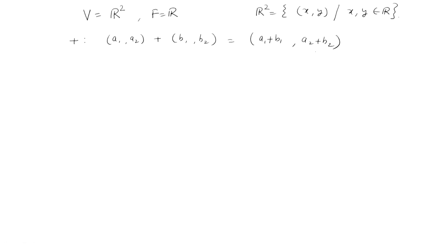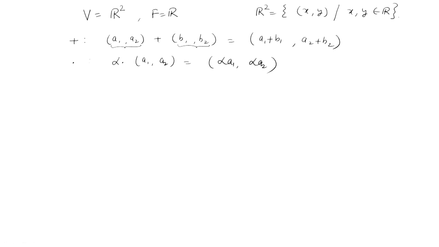This is about addition. Now, the scalar multiplication is alpha dot A1 A2 is alpha A1 and alpha A2. If we define these operations, this plus is defined like this. Now, this is one vector in R2, this is a second vector in R2.